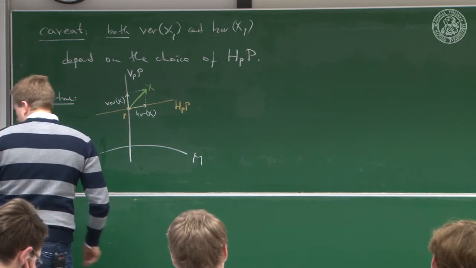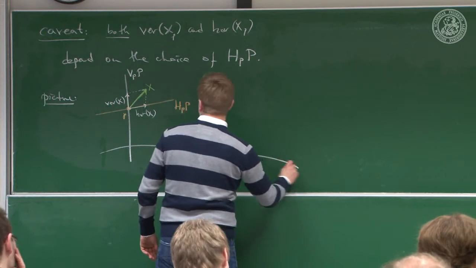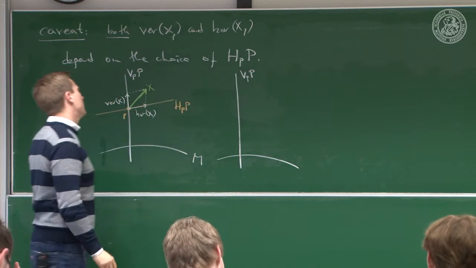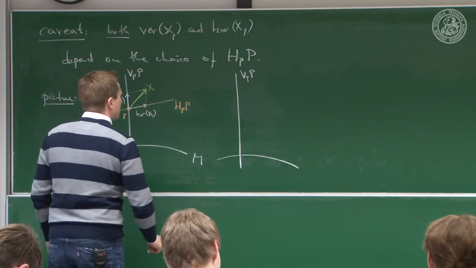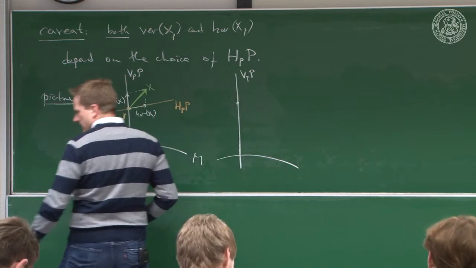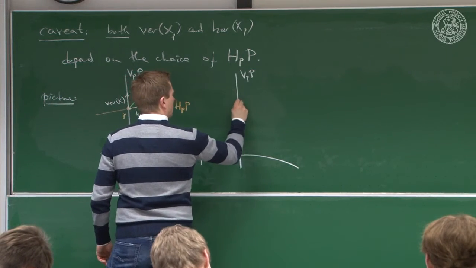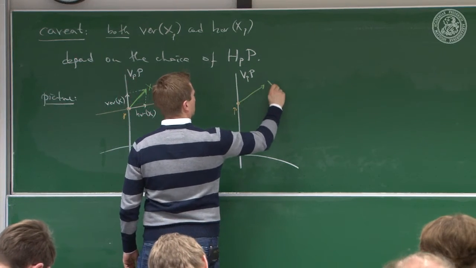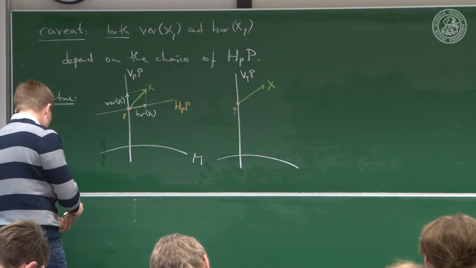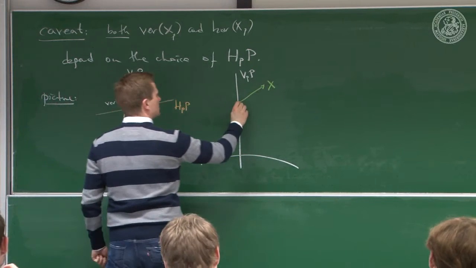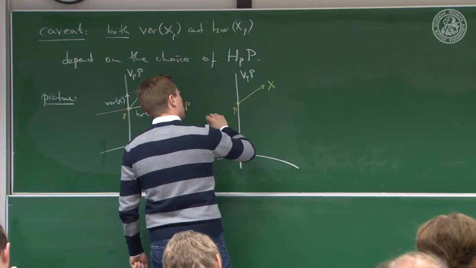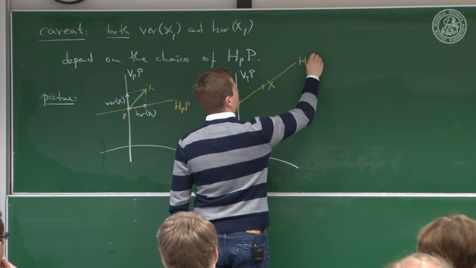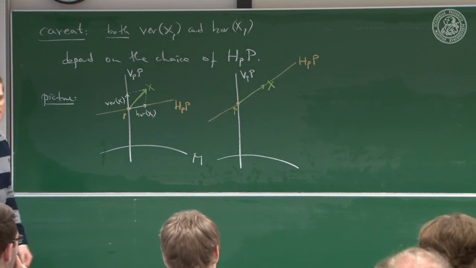And now take exactly the same vector, but I just copy the picture in order to not make this unreadable, but I now try to really take the same point P here and the same vector x. Well, it's the same, right? It's the same vector. But now instead of choosing the horizontal subspace like this, I choose, as an extreme case for this example, to choose it like this.